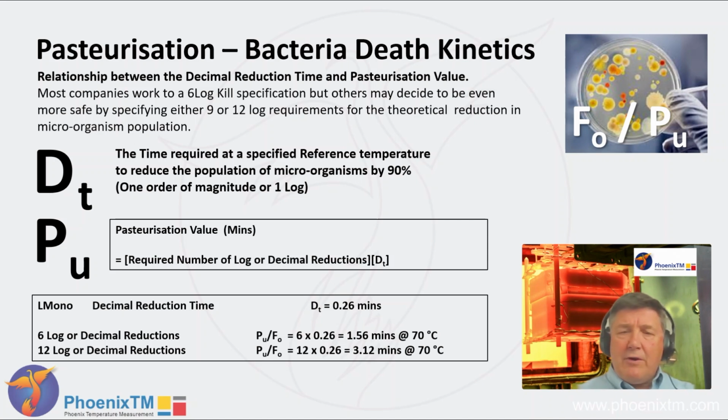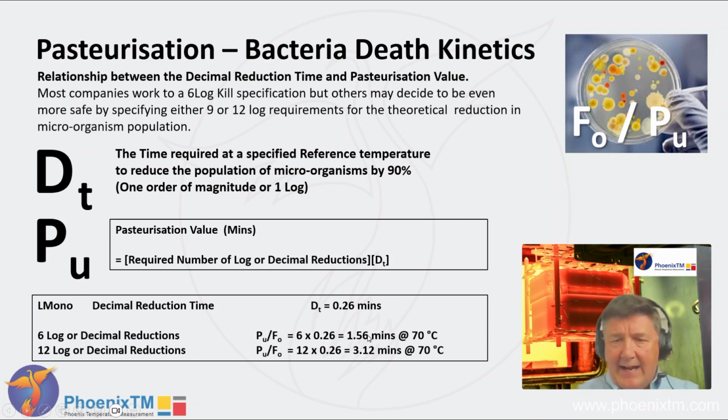For Listeria monocytogenes, the decimal reduction time at 70 degrees is generally given as 0.26 minutes. So to achieve 6 log reduction, I'm going to need to multiply 6 by 0.26 minutes, which gives me 1.56 minutes.